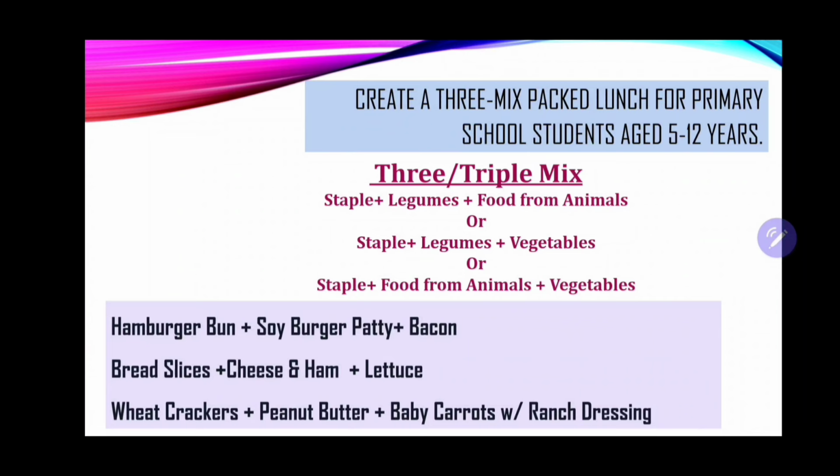So first we have staple, legumes, food from animals. Another option could be staple, legumes, and vegetables, especially if this person is vegan, right? You'd have to get the protein source from the legumes group. Another option could also be staple, food from animals, and vegetables. So these are 3 ways in which we can have a triple mix, right?